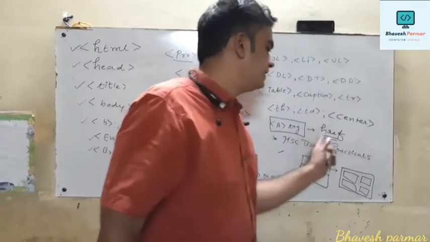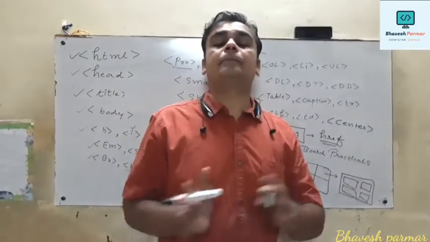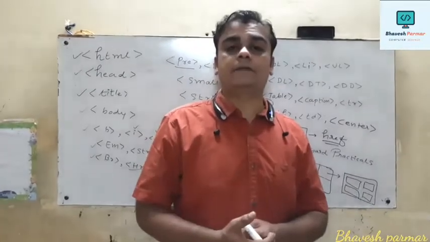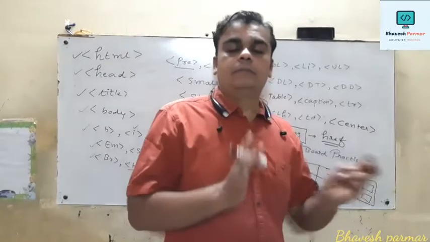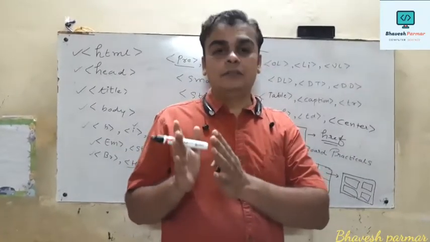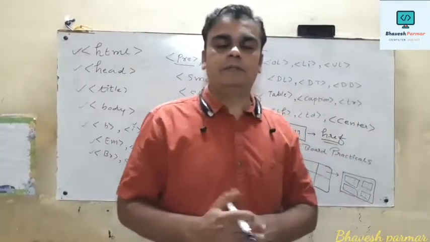So what is the role of this href attribute? It represents hyperlink reference, or you may also call it hypertext reference. This represents the link path, meaning it automatically connects your web page with the destination web page.